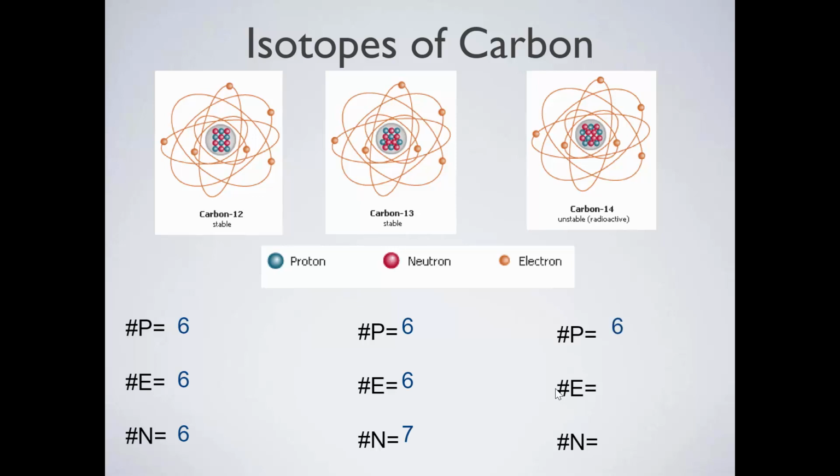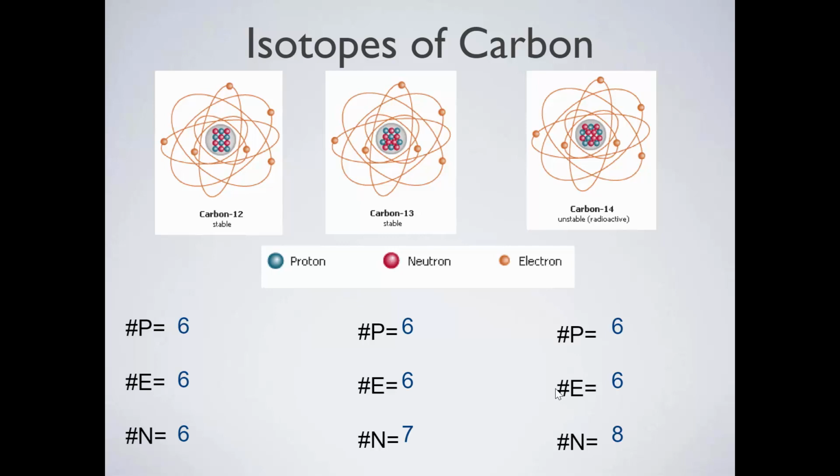It has 6 protons and 8 neutrons. We call these isotopes. These are 3 isotopes of carbon. They are versions of carbon that are slightly different. They have more or fewer neutrons.